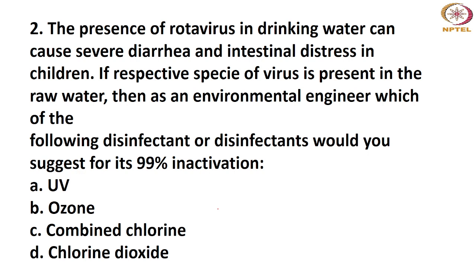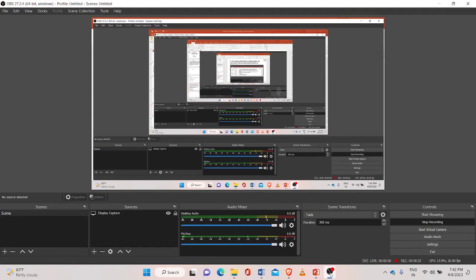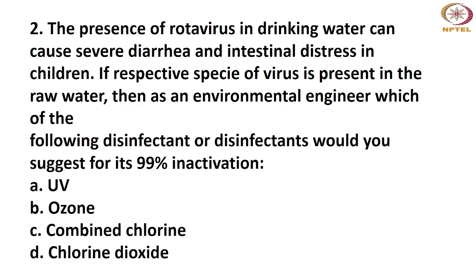Write your answer in the chat section or in the call message section so that I can read. So the correct answer is A. I will not wait much today because we have many questions to solve.